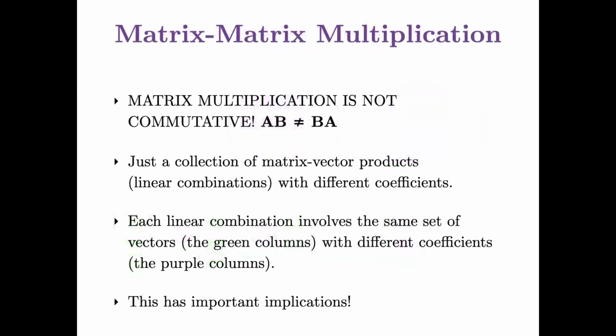You have to also realize that matrix multiplication is not commutative. AB is not equal to BA in linear algebra. In fact, it's possible that AB is legal and BA is not even a legal multiplication, meaning it's undefined because the dimensions of B and A are not conformable to multiplication.